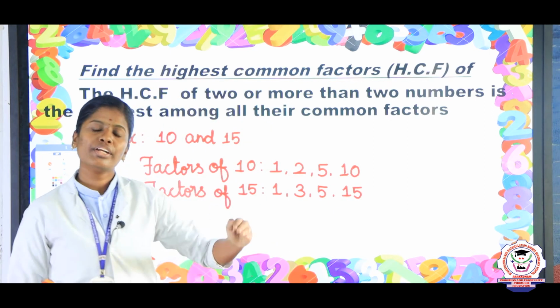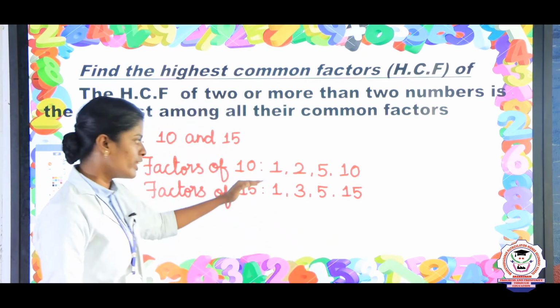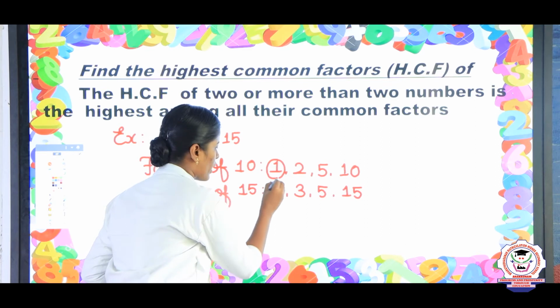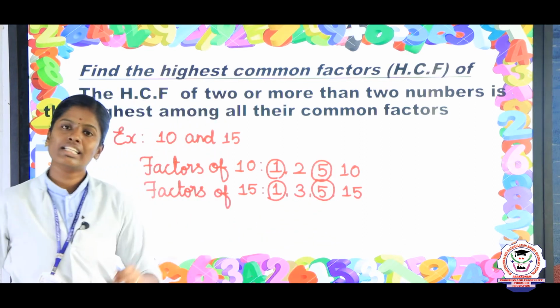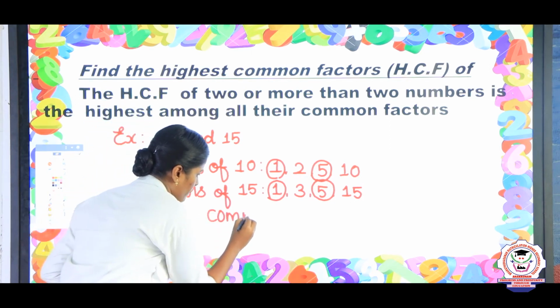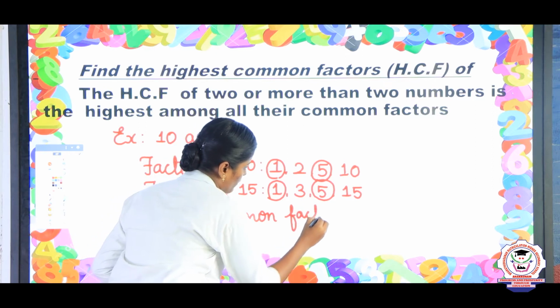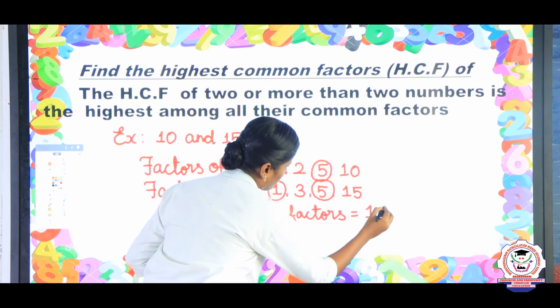Now we are going to find the common factors and the highest common factor. The common factors are, listen here, 1, 1 and then 5, 5. So the common factors are 1 and 5.